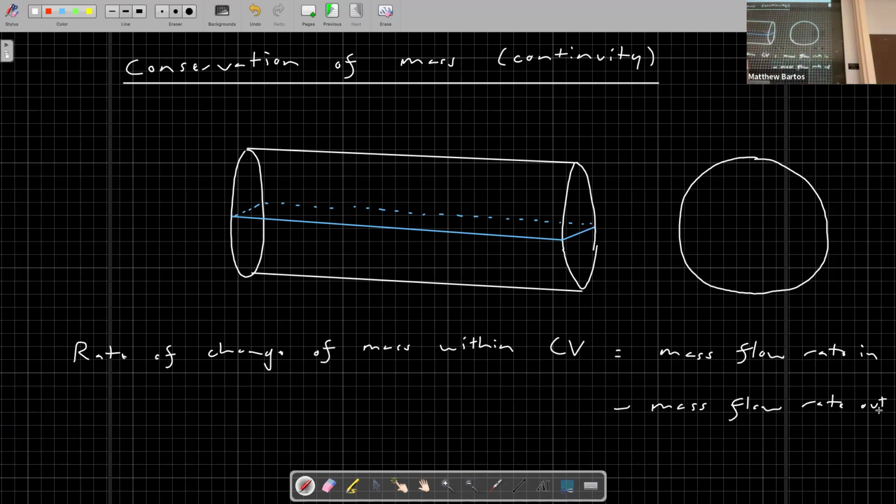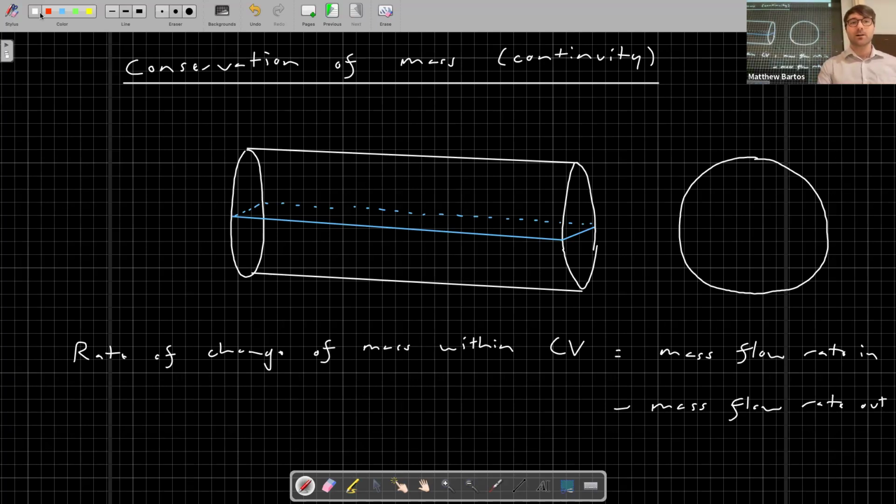So this is another way of stating that mass can neither be created nor destroyed in the system. The rate of change of mass within the control volume with respect to time is equal to the mass flow rate in minus the mass flow rate out.